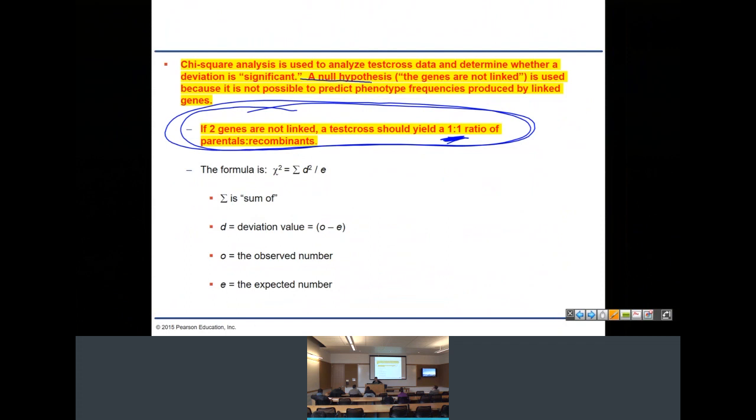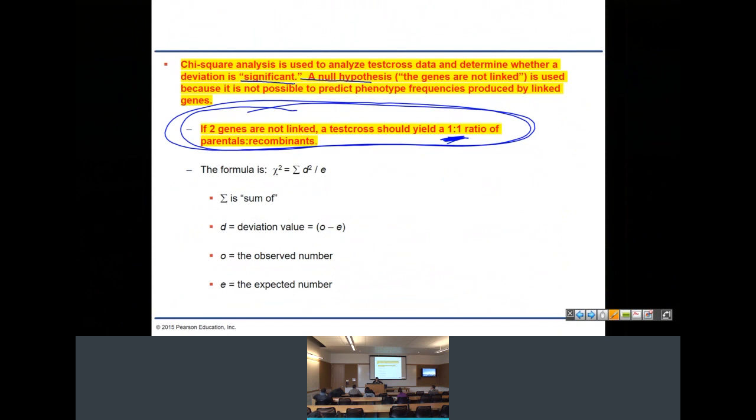If there turns out to be a significant difference, then the hypothesis is rejected, the genes do not sort independently, and they are linked, and you can move forward. But if you do not see a statistical difference between observed and expected, then the null hypothesis is accepted, the genes undergo independent assortment, and you cannot move forward.